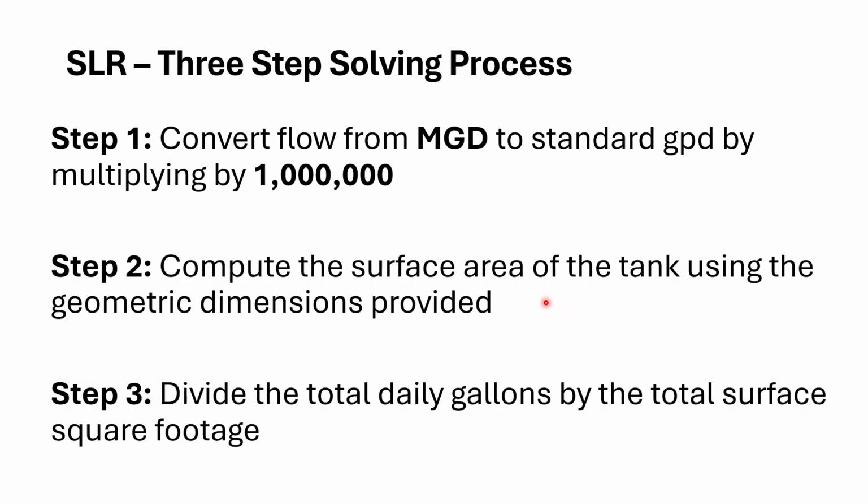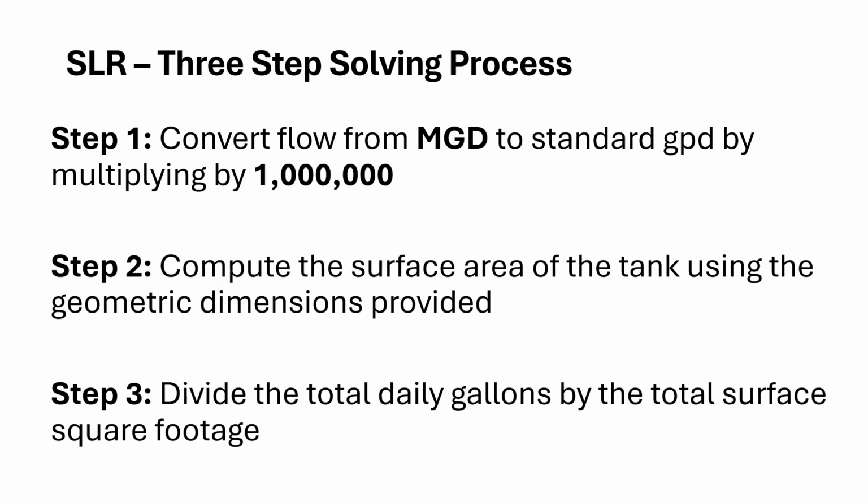Again, you should be getting circular clarifiers, not rectangular. Be aware, length times width is the surface area of a rectangular basin. We've talked about how to compute the area of a circular basin, but that's what you want to do. And then you simply take that ratio for surface loading rate, the total daily gallons of influent divided by the total surface area in square feet.